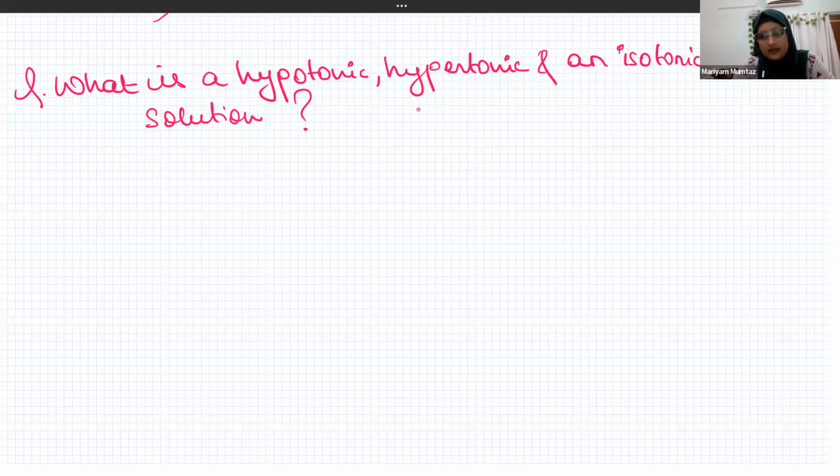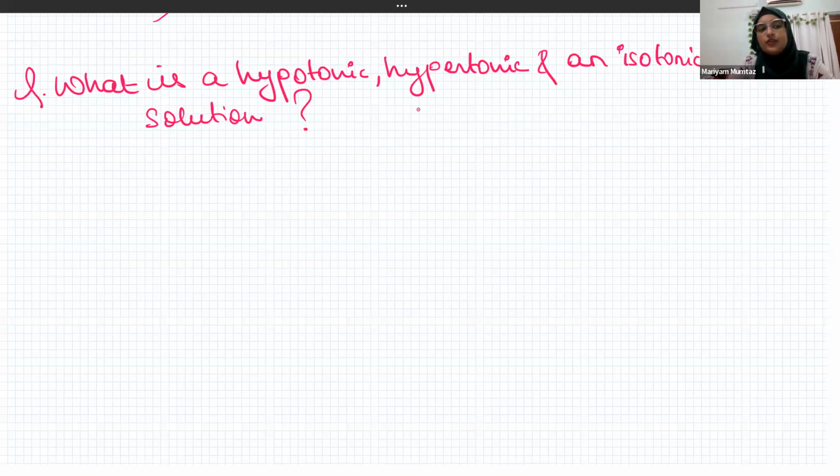And in the cell, the concentration is low. The concentration of what is low in the cell? Solute. Yes, very good. Then what happens? The cell will shrink. Why will the cell shrink? Because of osmosis, where the water moves outside the cell through the semi-permeable membrane. Yes, very good.